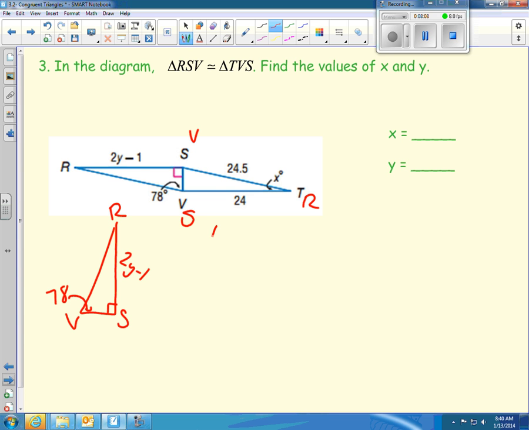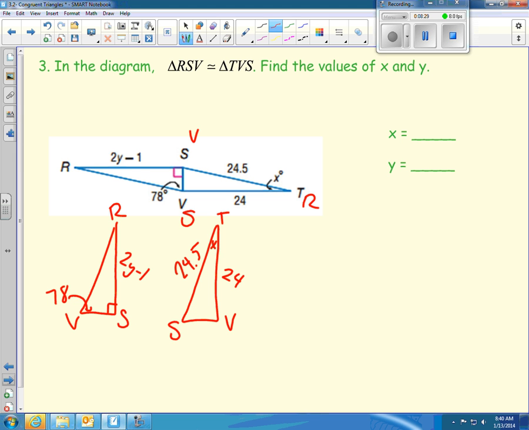Then your second triangle is going to be T, V, and S. This is X, 24.5. This one's 24. Then you can go ahead and do it that way too, to be able to find those.